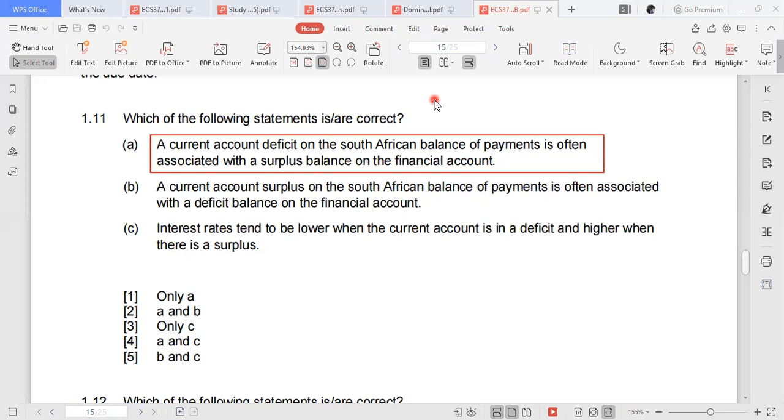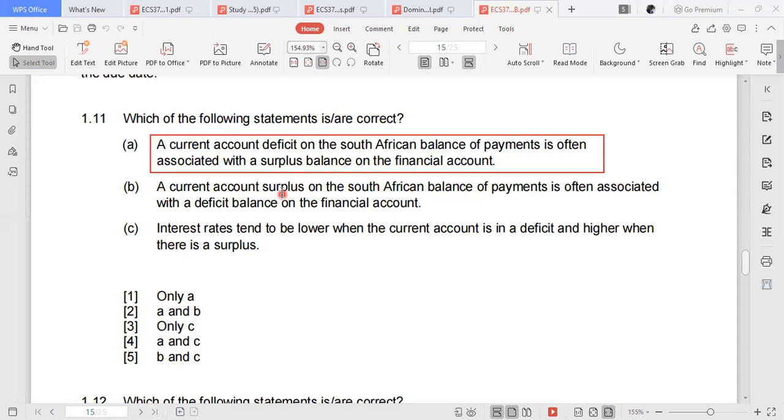With regard to the balance of payments of South Africa, when we take into account the current account, do we experience a deficit, or do we experience a surplus? That is what you are supposed to take into account at first. So the South African BOP balance is actually on a surplus side.